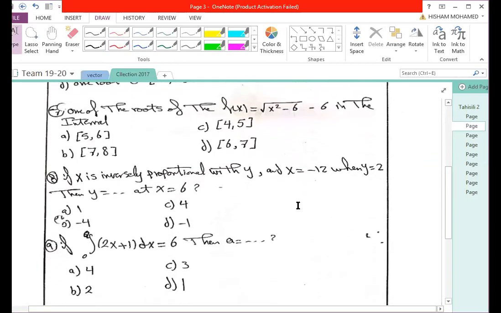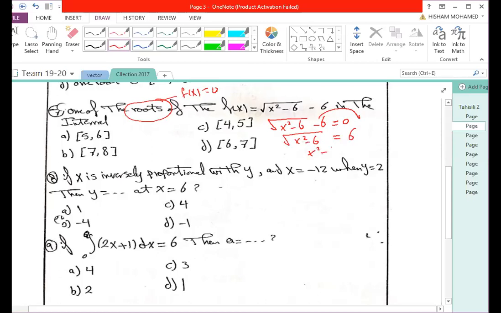Number 7, one of the roots of these functions. To find one of the roots of these functions and its value, I should make the function equal to 0. So I can say that the root of x squared minus 6 is equal to 0. By moving -6 to the other side, the root of x squared minus 6 is equal to 6. What is the number whose root is equal to 6? 36.